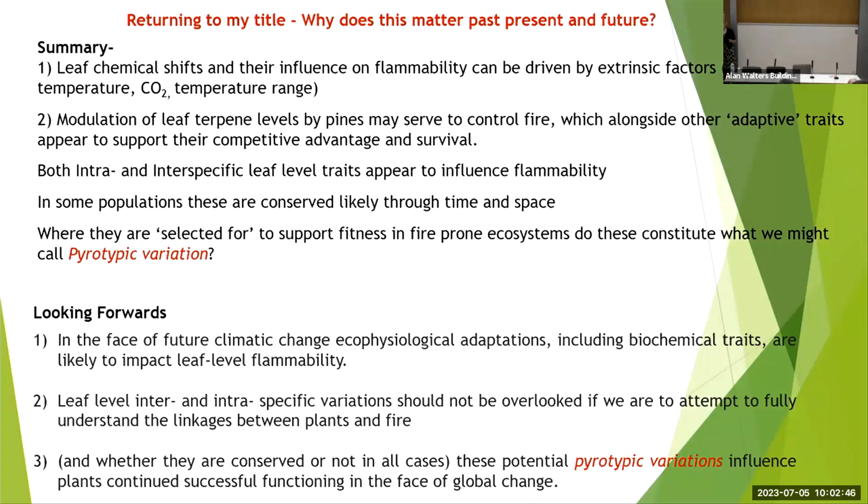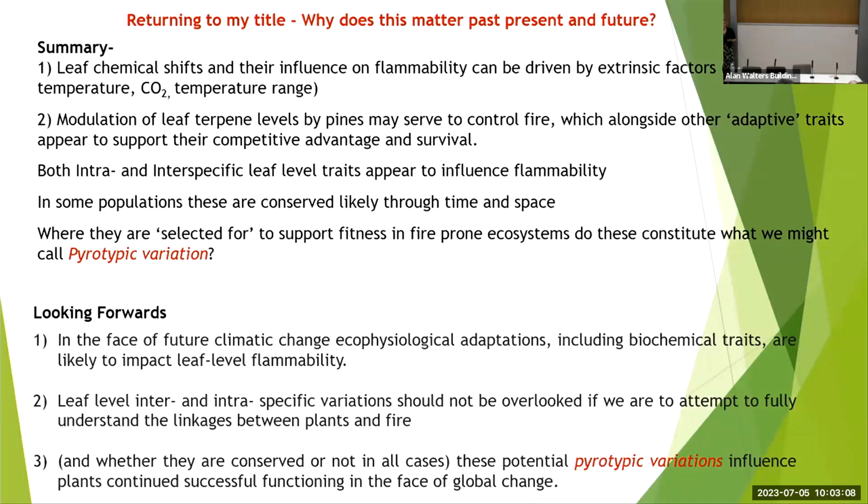But interestingly, the modulation of leaf terpene content levels by pines may serve to control fire, which alongside other adaptive traits appears to support their competitive advantage and survival. And we can see that this is the case in both intra and interspecific leaf level traits. Both of these appear to influence flammability.